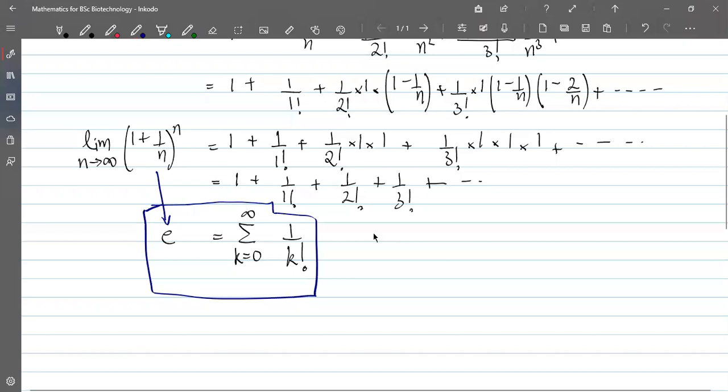So remember that we did this in the calculator, where we found the value of e approximately by taking this expression and then evaluating it for larger and larger n, and we got some value that approached 2.7128 and so on.